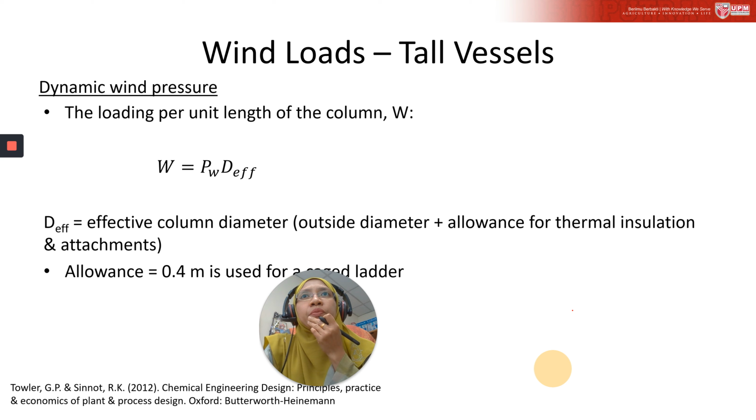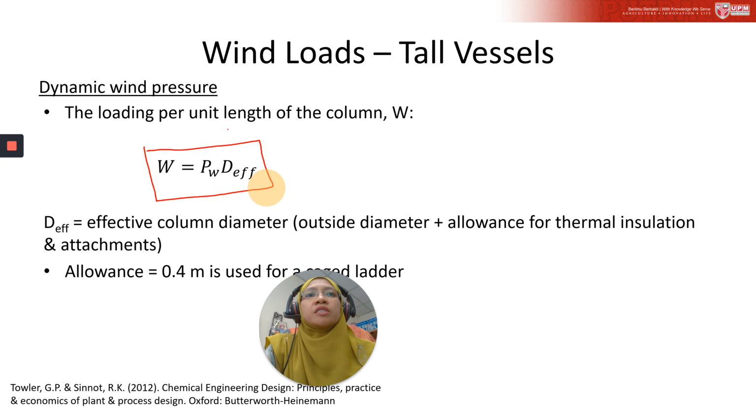And then for the wind loading, the loading per unit length of the column can be expressed by multiplying the wind pressure by the effective column diameter.